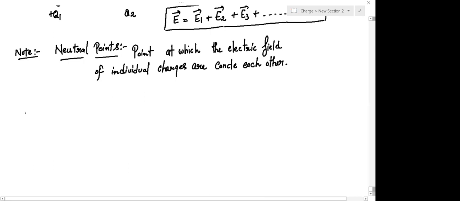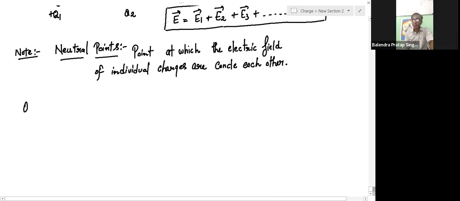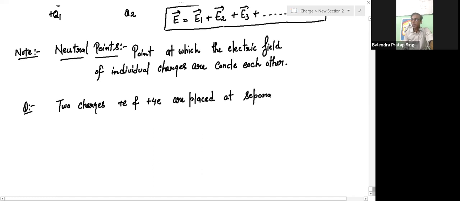Okay, now let's try to solve a problem. The question says two charges, one is plus E and another one is plus 4E, are placed at separation a, small a.